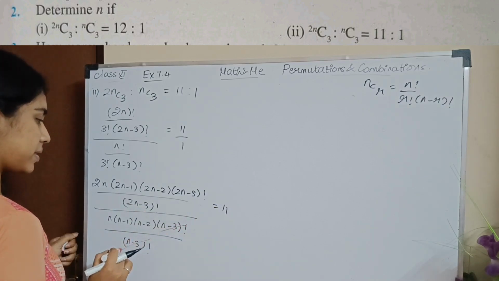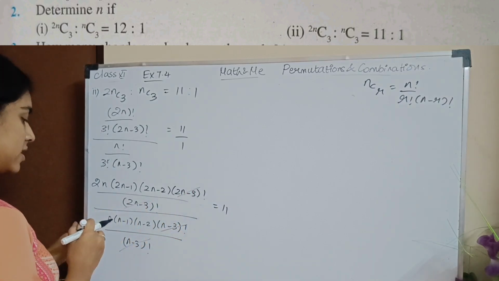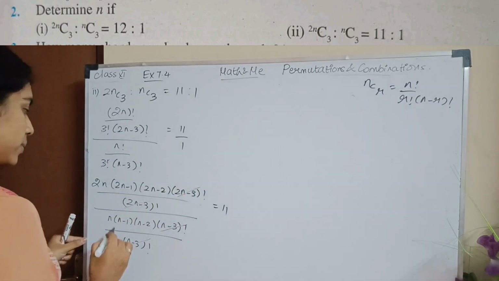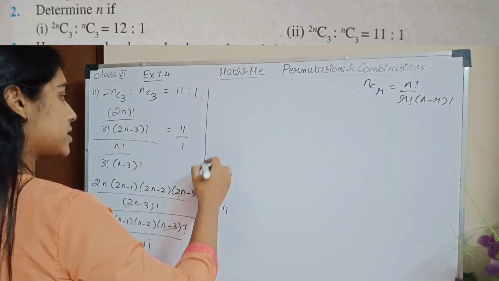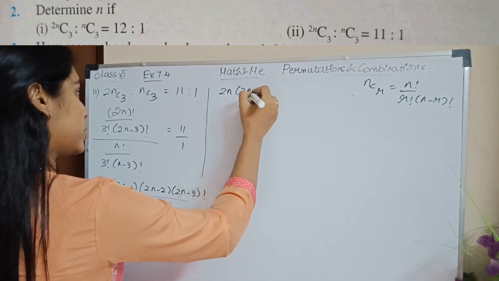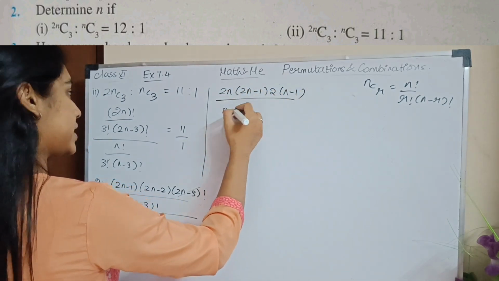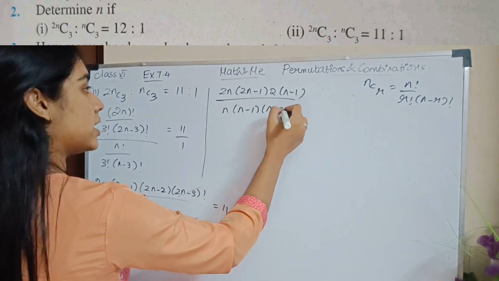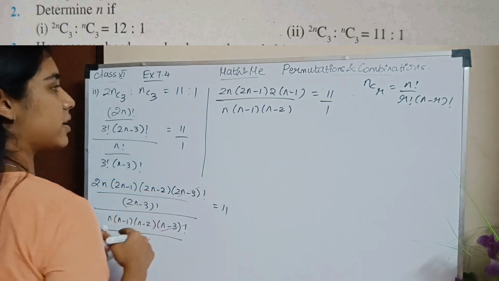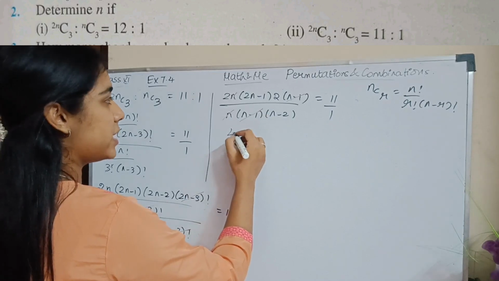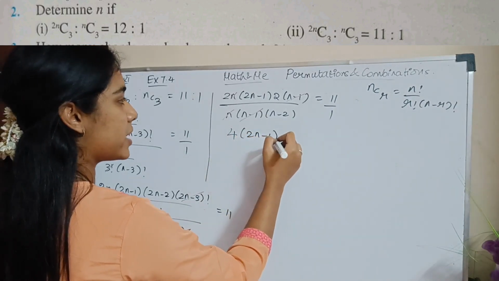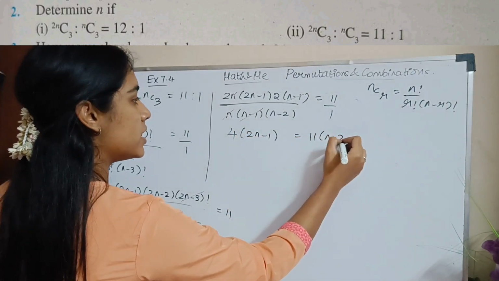So n minus 3 and n minus 3, 2n minus 3 and 2n minus 3 cancel. So what am I left with? When I take 2 outside of this, I'll have 2n minus 1, 2 times n minus 1, divided by n into n minus 1, n minus 2 equals 11 divided by 1. When I cross multiply, I have 4 into 2n minus 1 equals 11 into n minus 2.